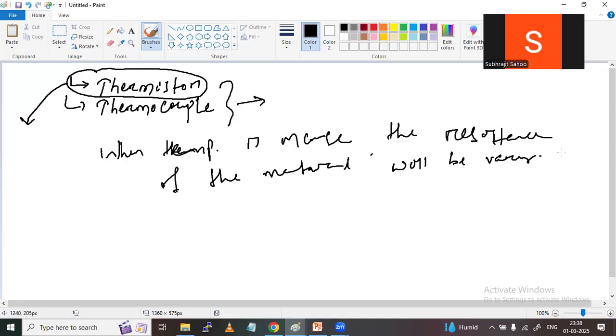When the temperature of the material increases, the electrical property, the resistance of a particular material, will vary.